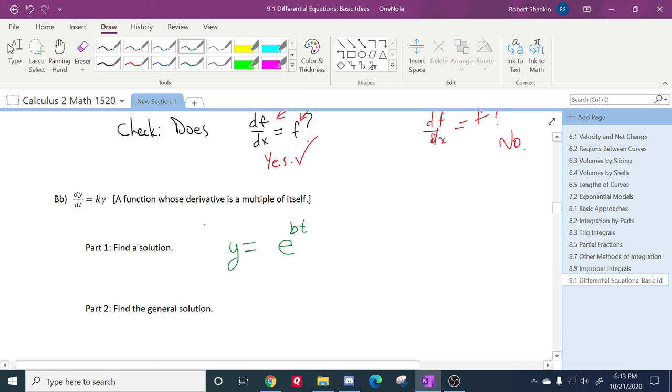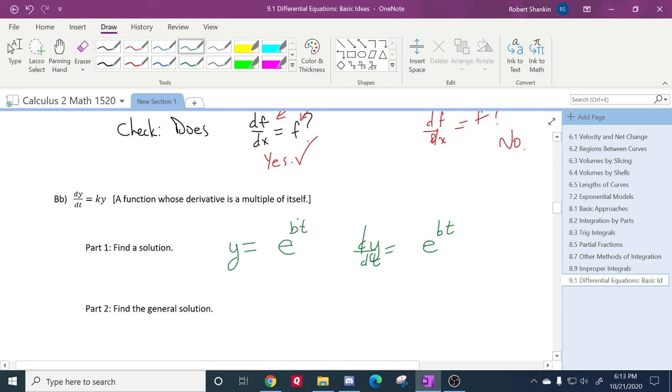Now, if we wanted this to match exactly this, we could put a k up here. But even if you don't put a k up here, we can kind of see. If we take the derivative, dy dt, what are we going to get? The same thing back.